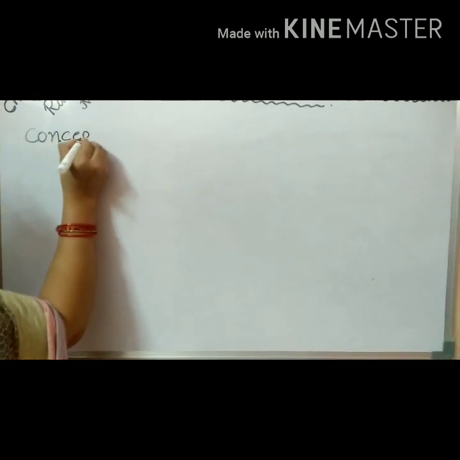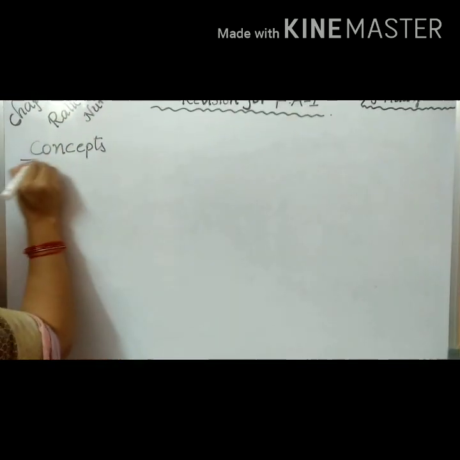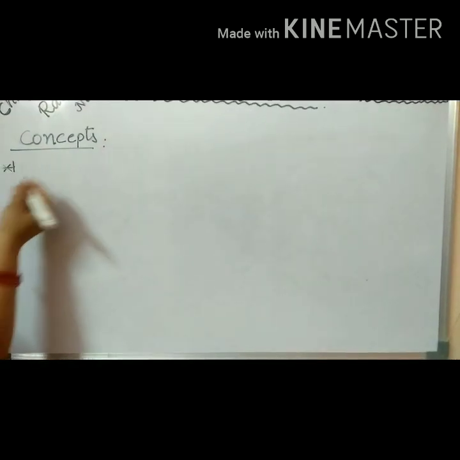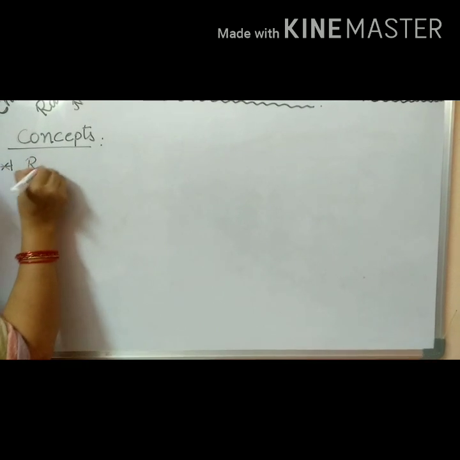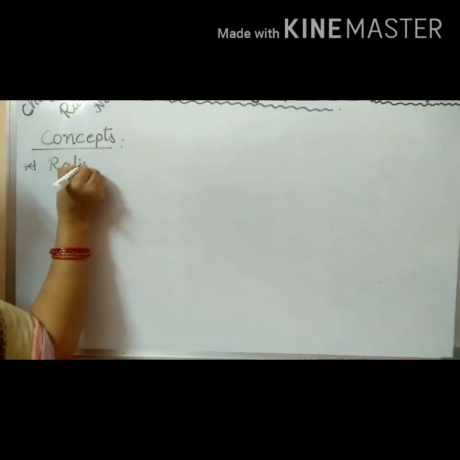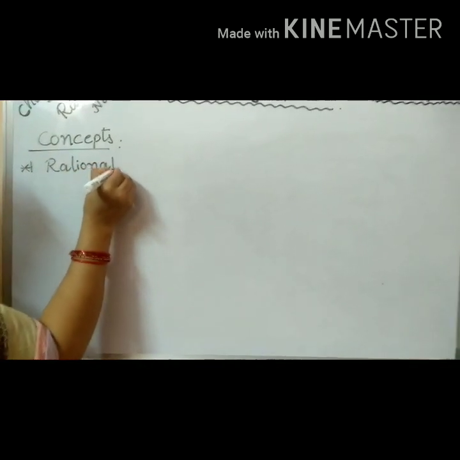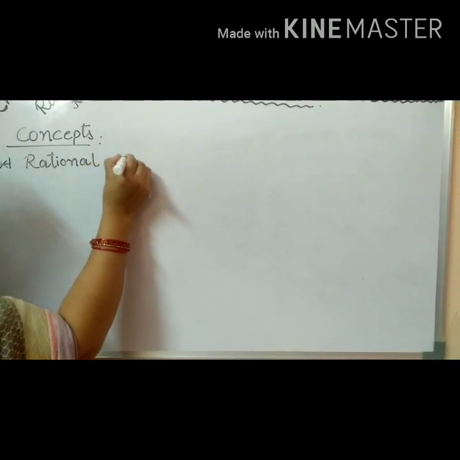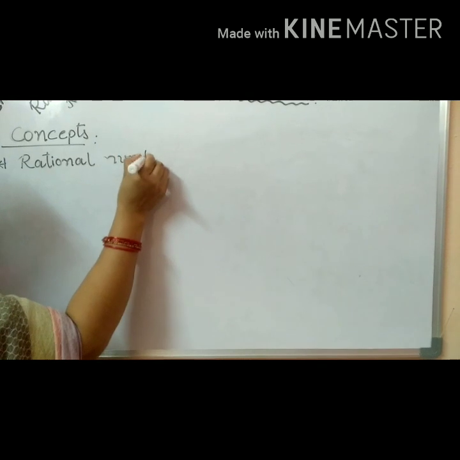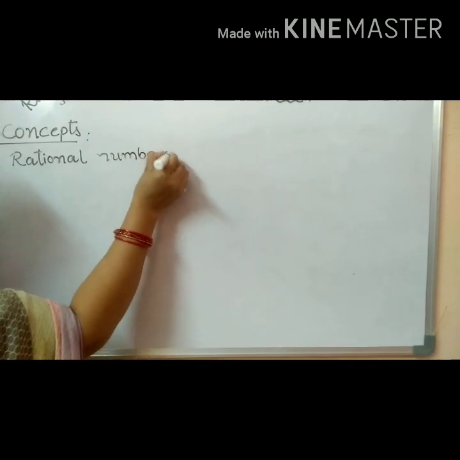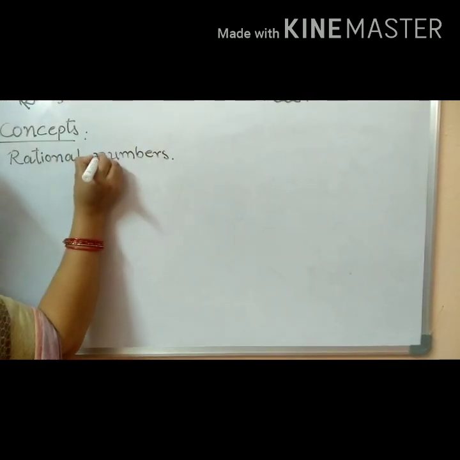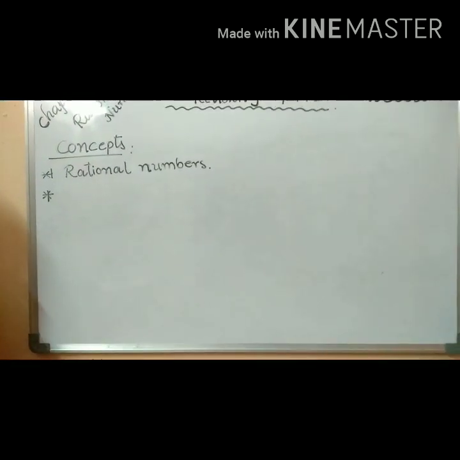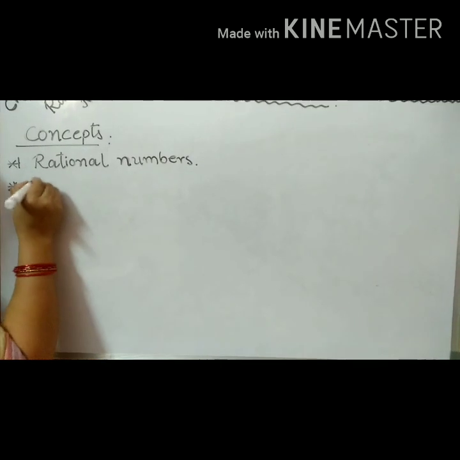The first topic, rational numbers, is completed now. The second one is properties of rational numbers.